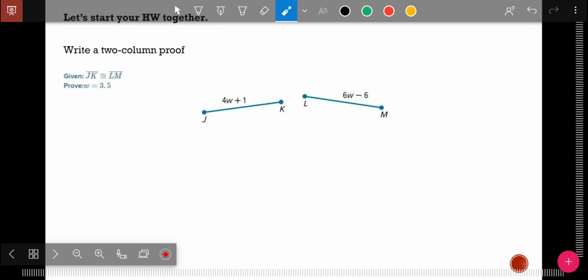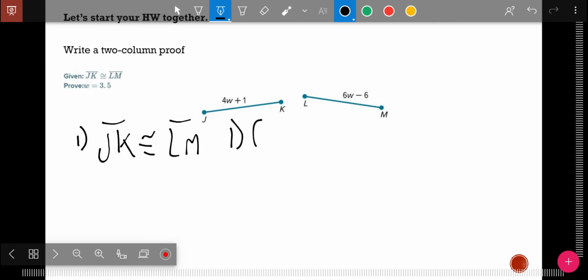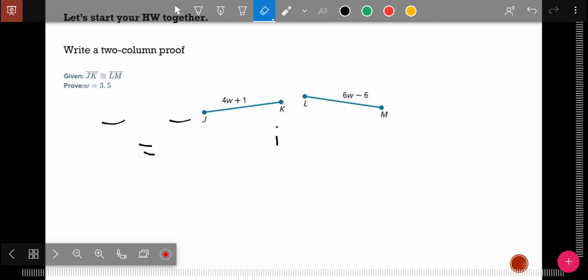And so this is one of the problems in your homework, and let's go ahead and start it together. JK is congruent to LM, step 1, because that's the given. I should probably write a little smaller and give myself some more space.